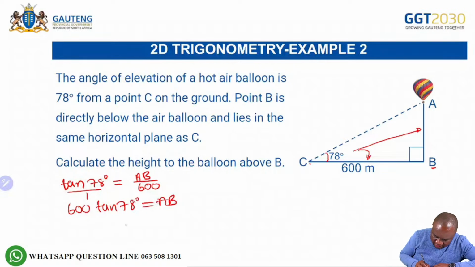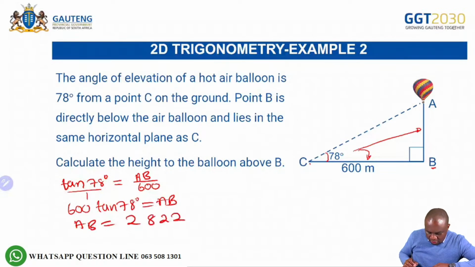Then put it in the calculator, and we get that AB is equal to 2,822,77806.